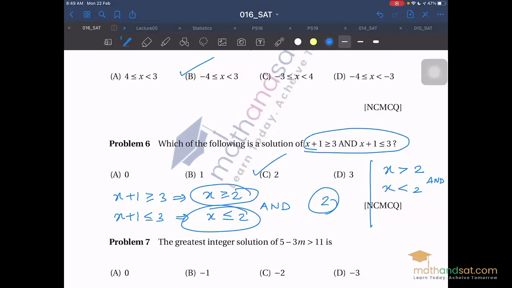Your number has to be greater than 2 and less than 2 simultaneously. We are not talking about "or", we are talking about "and". So both the conditions need to be satisfied simultaneously.